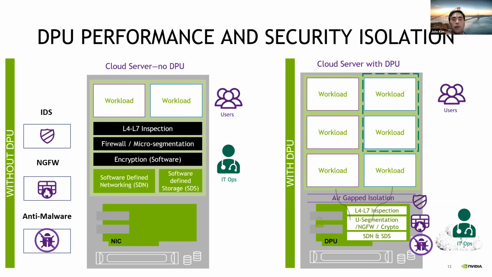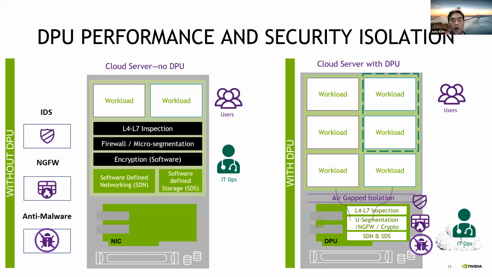The DPU, the BlueField, runs the security software and the SDN and the storage services, and we have this air-gapped isolation. So if anything infects the server, like there's a bad container or the operating system gets corrupted, the DPU is running its own software and it's a separate piece of hardware, so it can resist the infection, it can detect and report the infection, and in many cases, stop it from spreading.